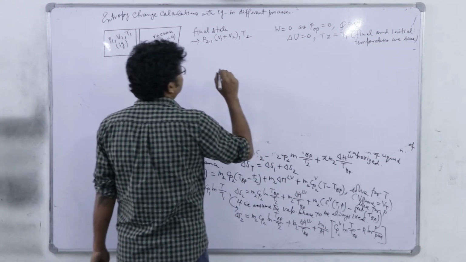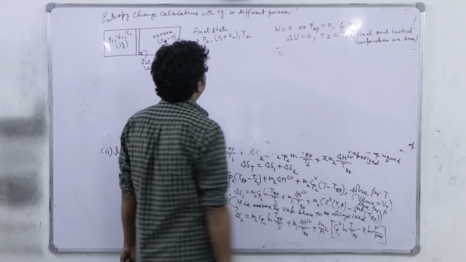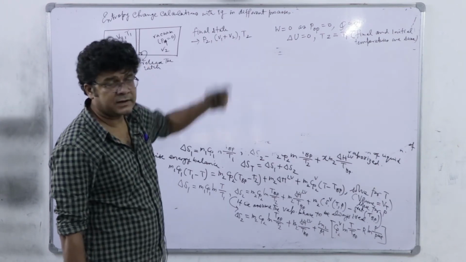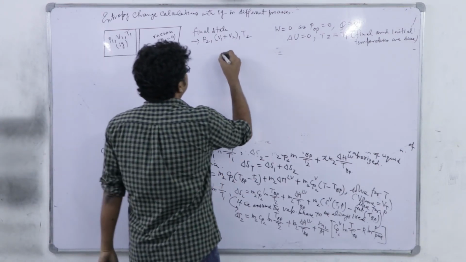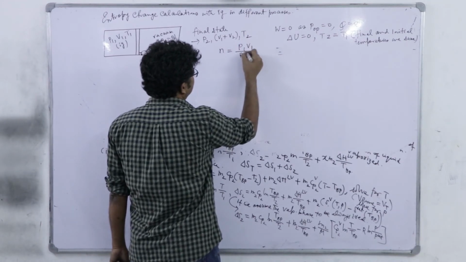So, finally we have to solve for P2, or actually P2 is not required because we have this final volume. So, N is equal to P1 V1 by R T1.